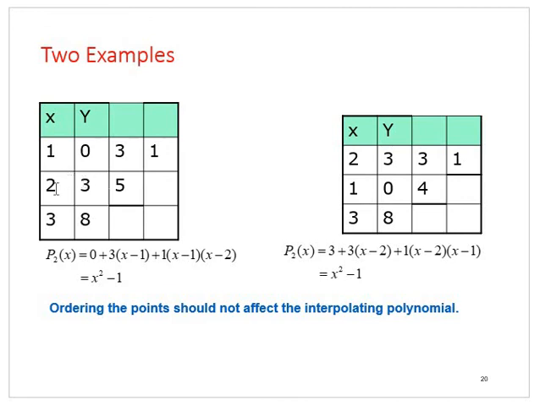And then for this one, we are using these 4 boxes. 8 minus 3 is 5, 3 minus 2 is 1, and 5 divided by 1 is 5.